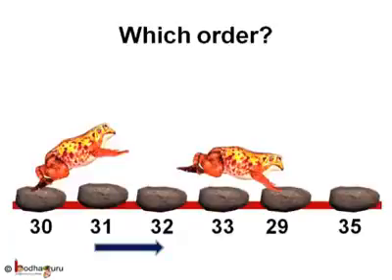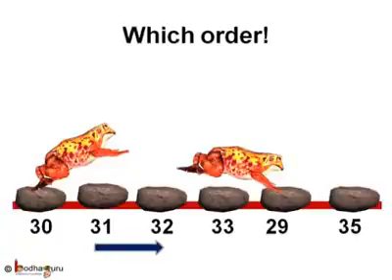Let us see another case. The frog is hopping on stones 30, 31, 32, 33, 29 and then 35. Which order is it following? Well, it may look like it is ascending order, as it is going from the smallest number 30 to the greatest number, which is 35 here.